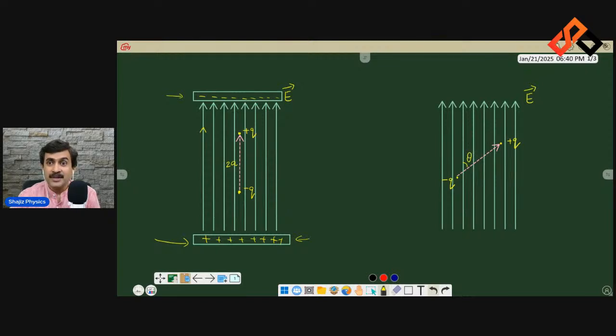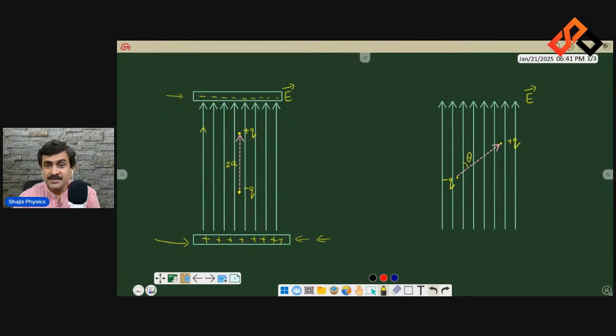Now see, the positive charge is not at the maximum distance from the positive plate as in the first case. It came closer to the positive plate. Similarly, the negative charge is also not at the farthest point from the negative plate. It also came closer to the negative plate.